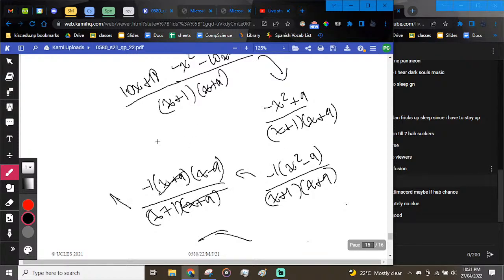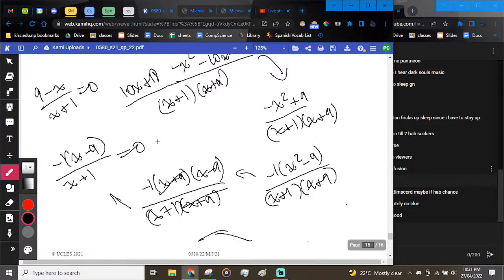Therefore, negative 1 x minus 9 x plus 1 equals 0. Solve. Nine minus x over x plus 1.